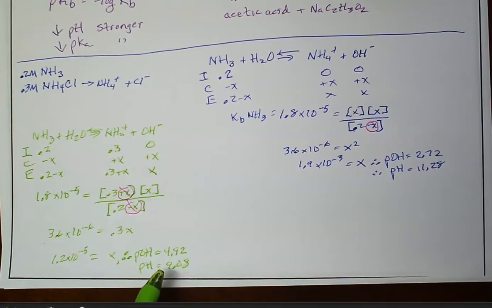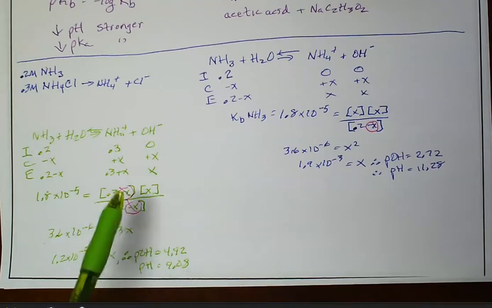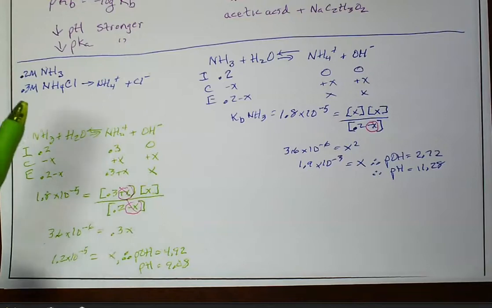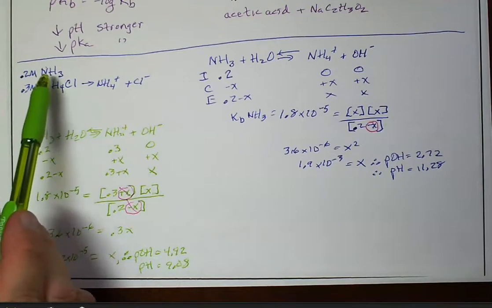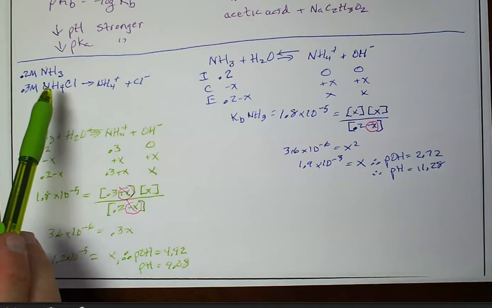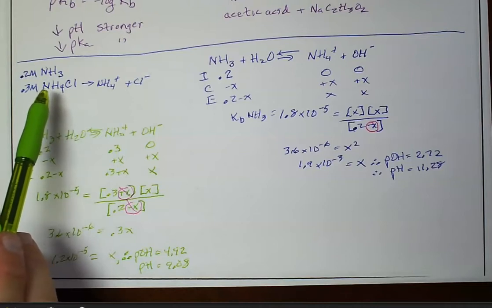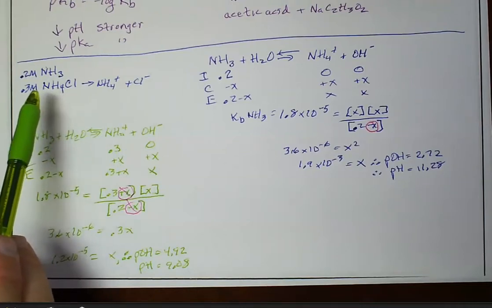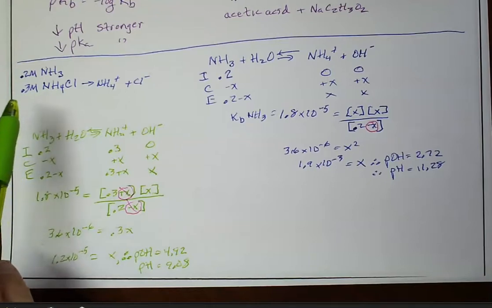If you were to add an acid to it or a base to it, the pH isn't going to go down or up significantly because of this combination of ammonia and ammonium chloride. The ammonia, being a base, would be able to react with any acid that's added. The ammonium, being a conjugate acid, would be able to react with any base that is added.